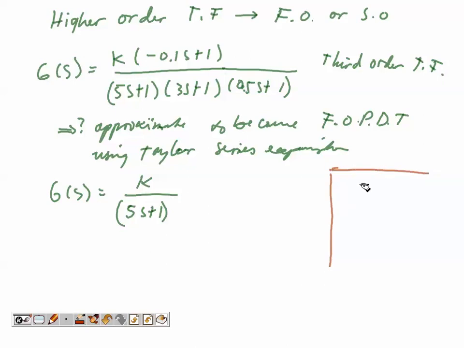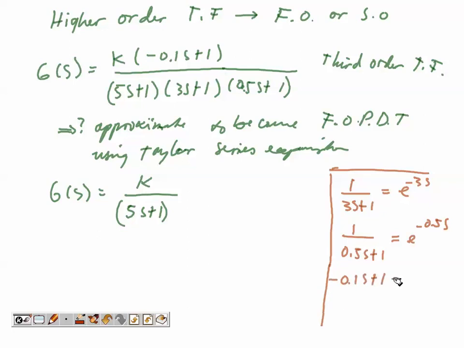For 1 over 3s plus 1, it is equal to e to the minus 3s, then 1 over 0.5s plus 1 is e to the minus 0.5s, and minus 0.1s plus 1 is e to the power minus 0.1s.